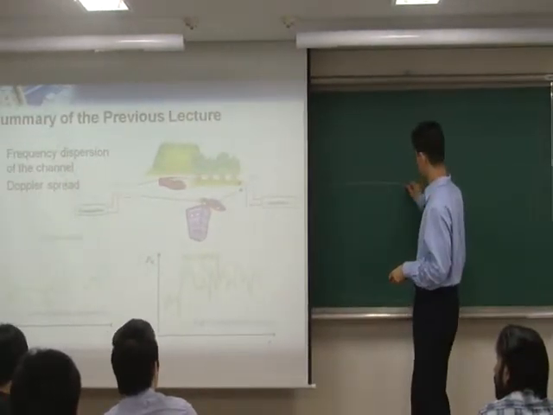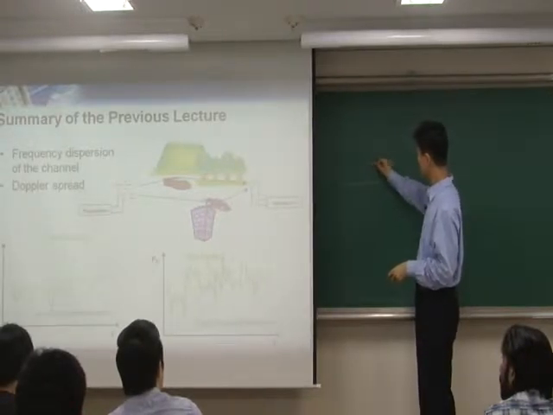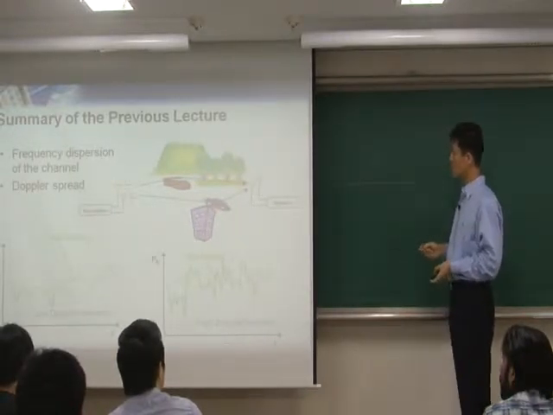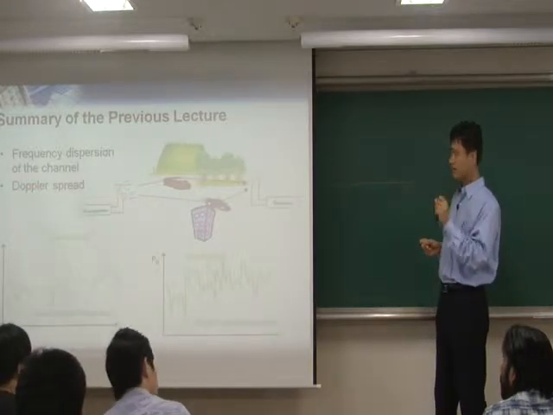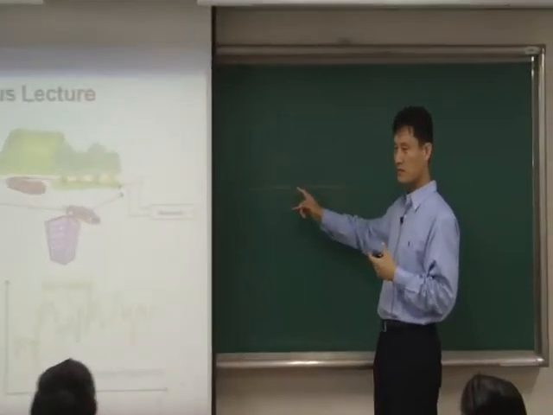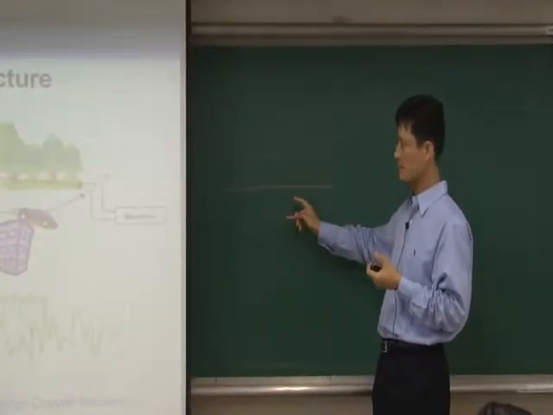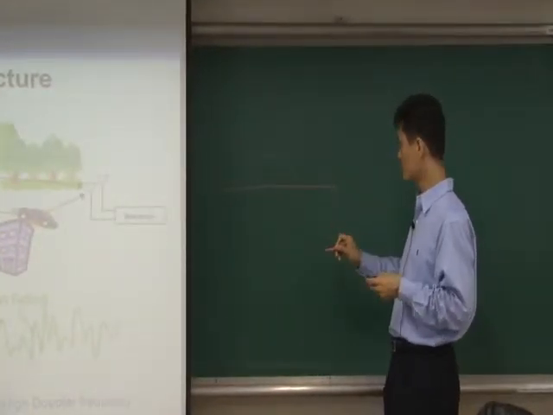So let's say this is frequency, and this is your bandwidth, your signal. Now let's say the Doppler frequency is 0. So this is what you transmit, and this is what you receive. But now let's say there is a Doppler.